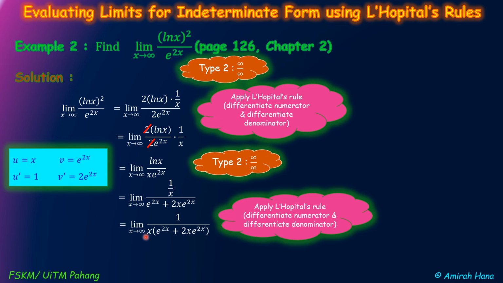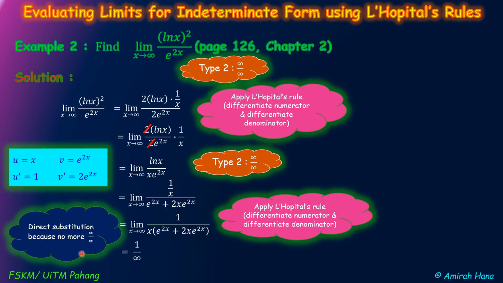After that, we can try to use direct substitution. If we use direct substitution, we have 1 in the numerator, and in the denominator we substitute infinity into variable x, so we have infinity. So after direct substitution, the answer is 1 over infinity. No more infinity over infinity.